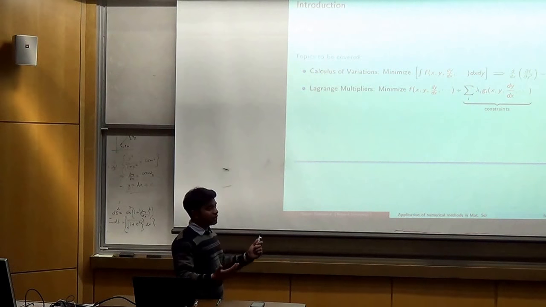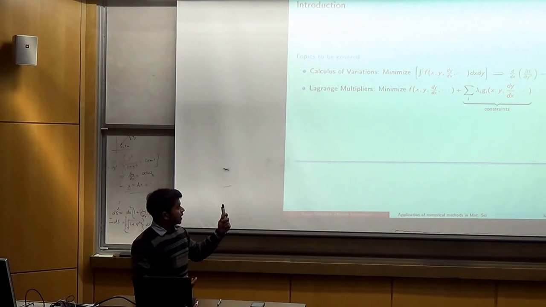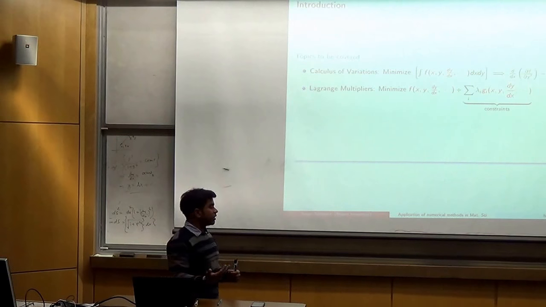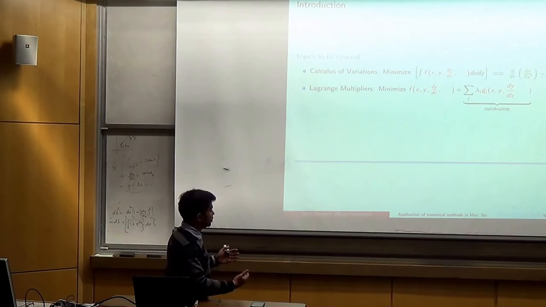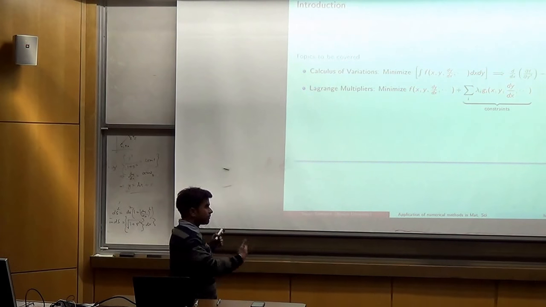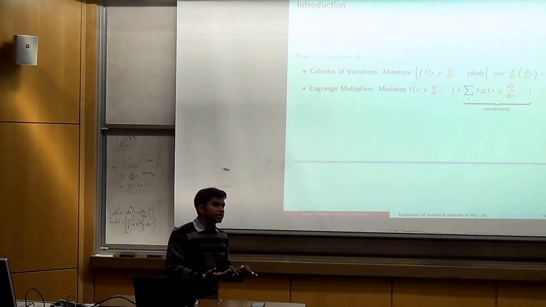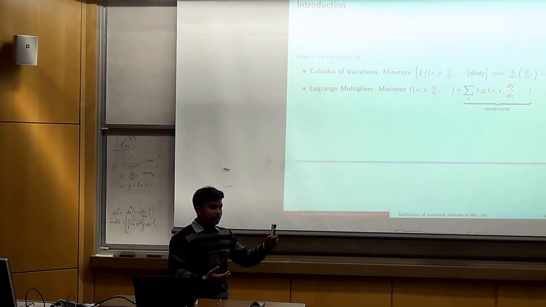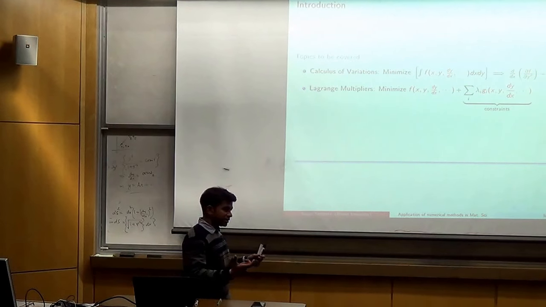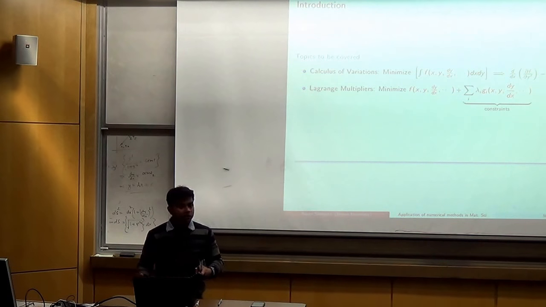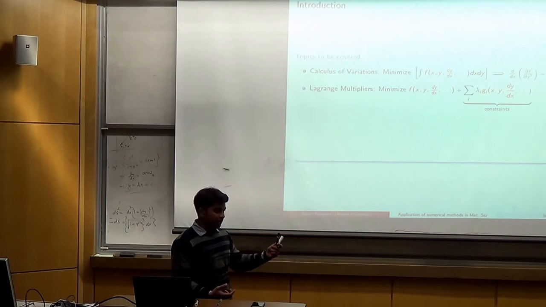For example, which are given by the constraint equations, and there can be more than one constraint equation. The way you solve it is that you create a bigger function, f of x, plus some scalar constant lambda, multiplied by the constraints. If you have more than one constraint, you would have more than one lambda.